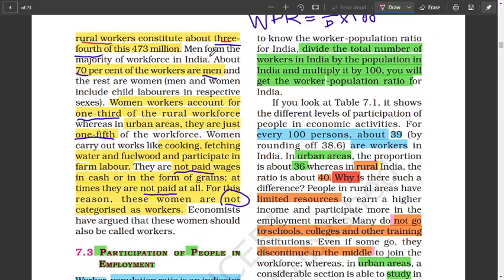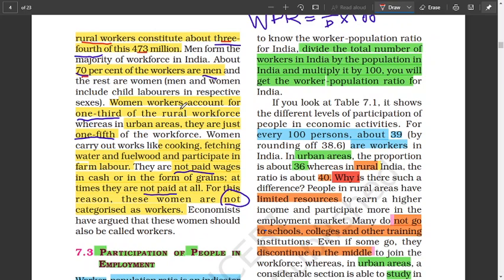And if you look at gender, you'll find about 70% of these 473 million are men. The rest, which is 30%, are women.